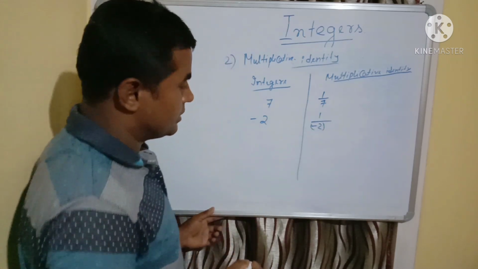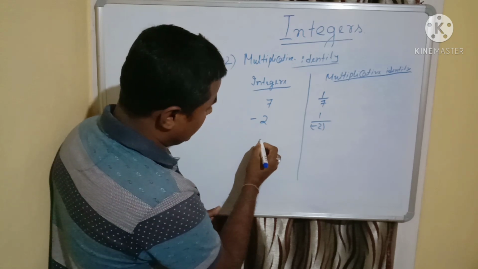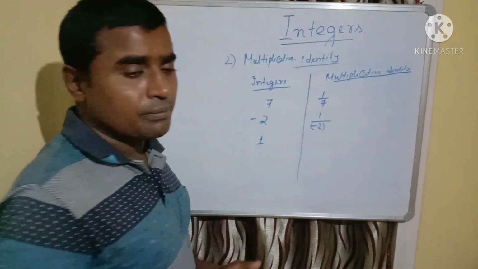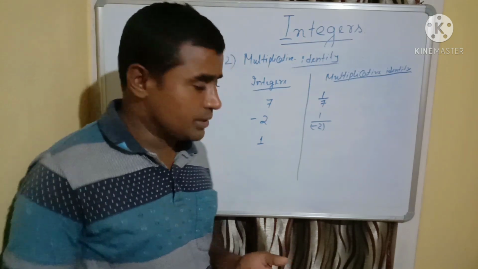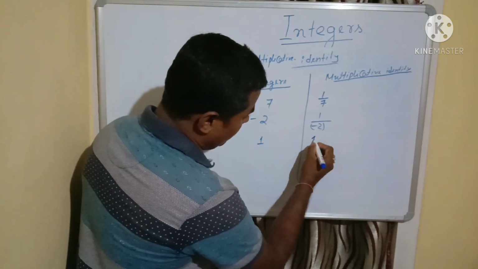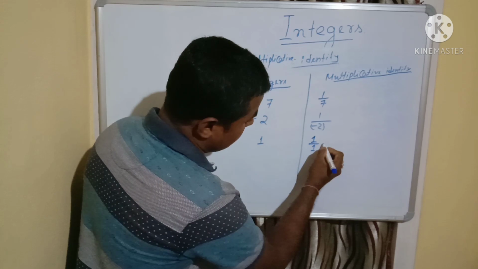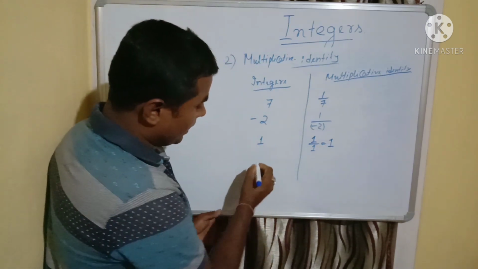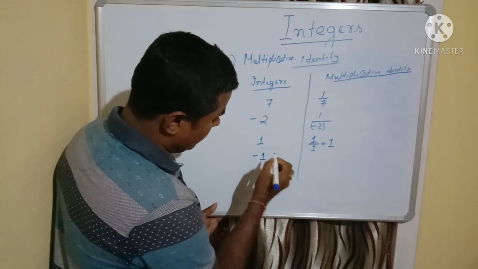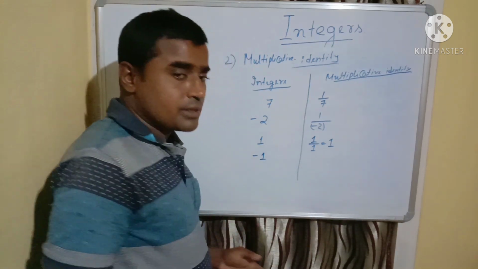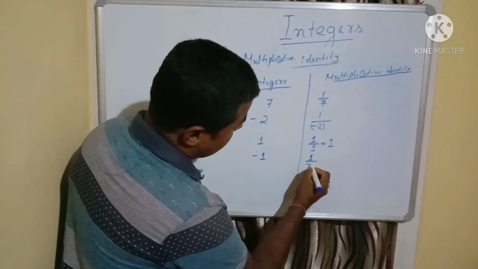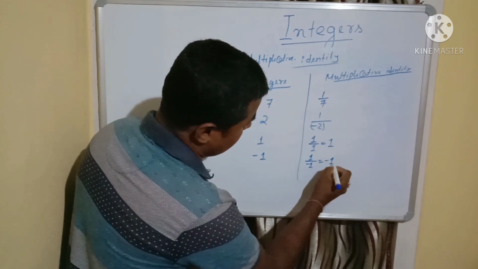Similarly, multiplicative identity of 1 is 1. It is because 1 by 1 is equal to 1. Similarly, multiplicative identity of minus 1 is also minus 1. It is because 1 by minus 1 equal to minus 1.